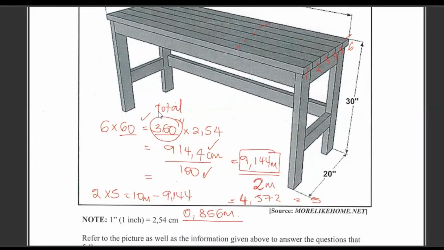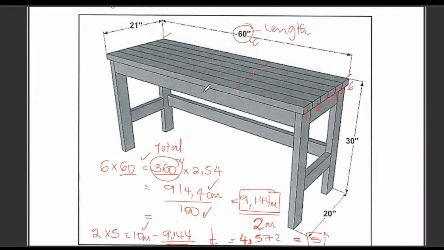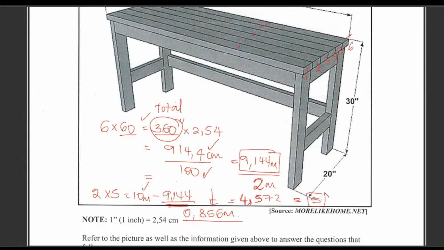We divide this by 2 and end up having 4,572. Now this is approximately 5. Why? The planks they are going to buy, they don't buy them in halves. They buy a full plank, which is 2 meters. So the person is going to buy 5 planks, adding up to 10 meters. We subtract what we need exactly. Whatever remains is wastage, or it goes into cutoffs. That's how we get our marks there.